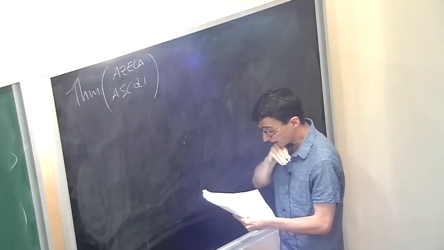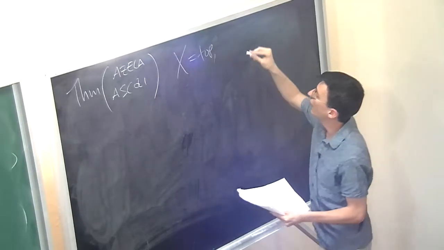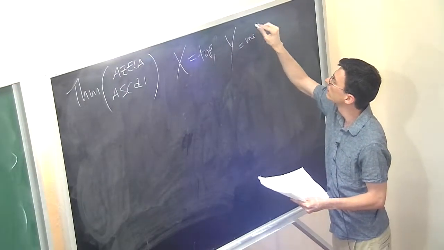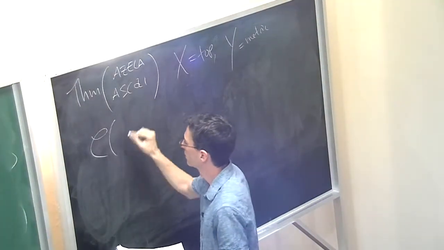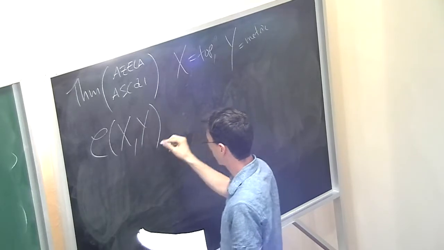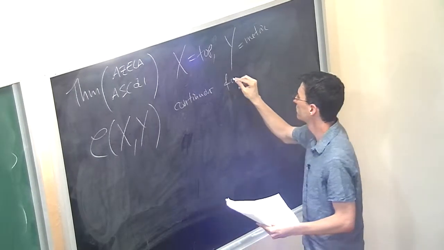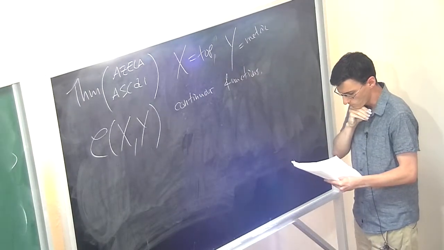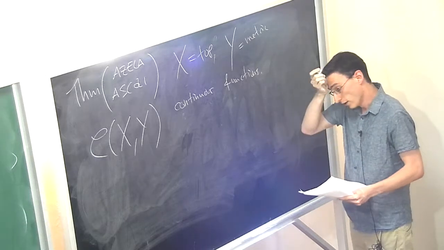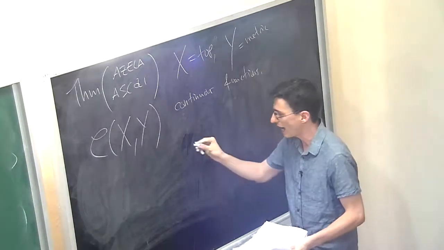All right, so what I want is, if I have a topological space and I have a metric space, I want to think about continuous functions from X to Y.